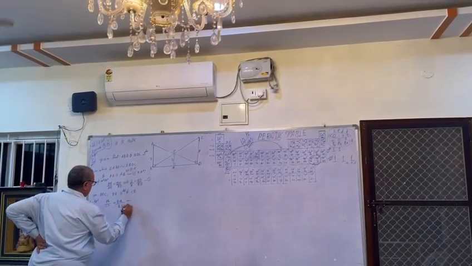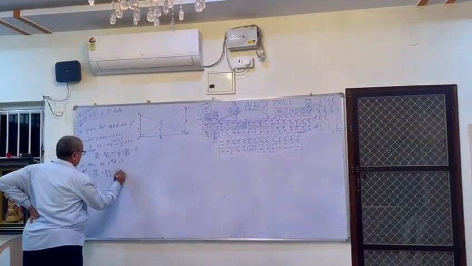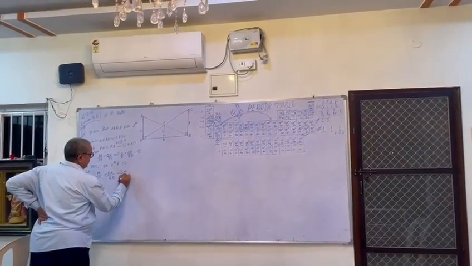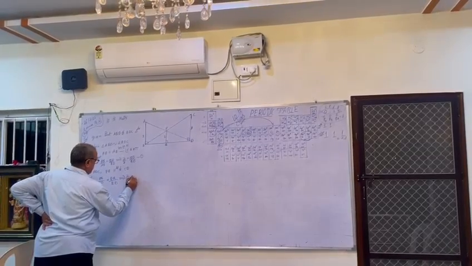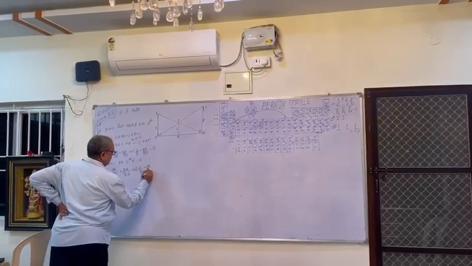Equation number 2. PQ by CD is equal to what? It becomes Z by Y. Z by Y is equal to DQ by BD.